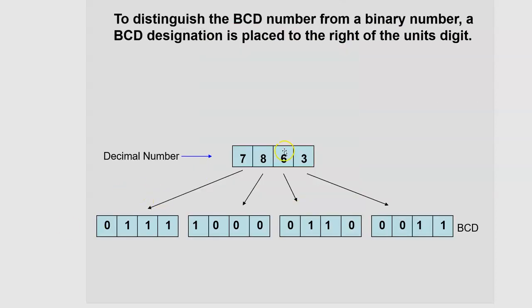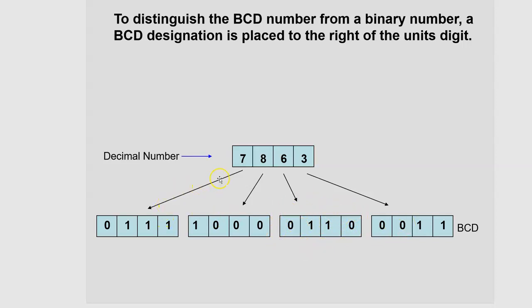Here's a decimal number, and the way I would show a 7, even though 7 is 1, 1, 1, if this is BCD code, you've got to put that leading 0 there. It's got to be groups of 4. 8 is a 1, 0, 0, 0. Here, you could leave that 0 off and think, oh, 6 is a 1, 1, 0. But in BCD code, you've got to put the 0 there.